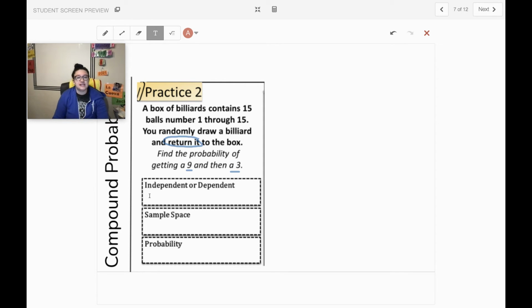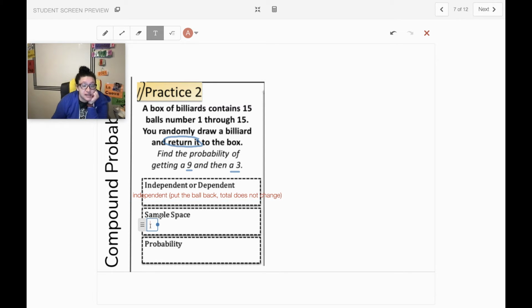So like we said, this is independent because we put the ball back. The total does not change. It's independent because we put the ball back and our total does not change.